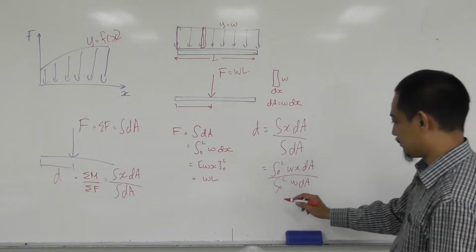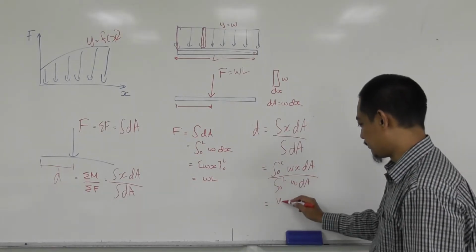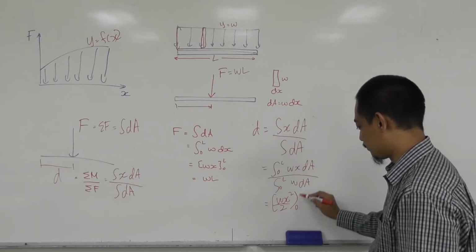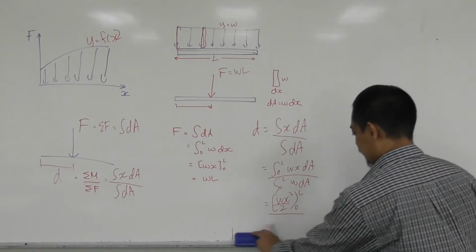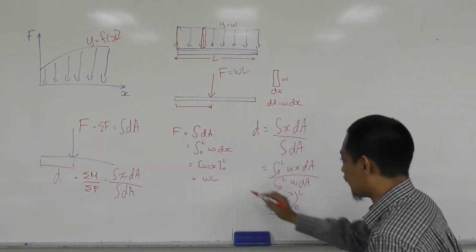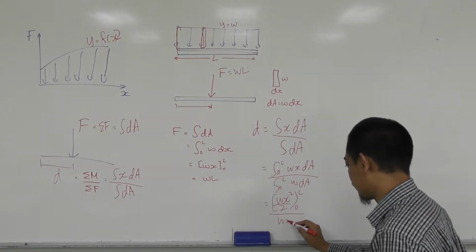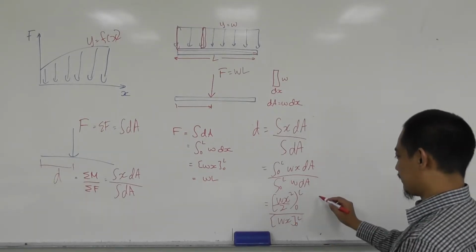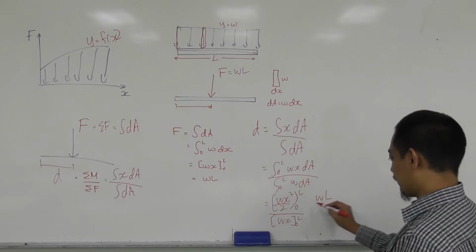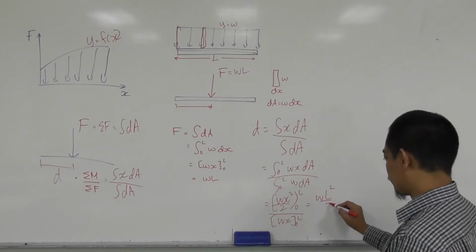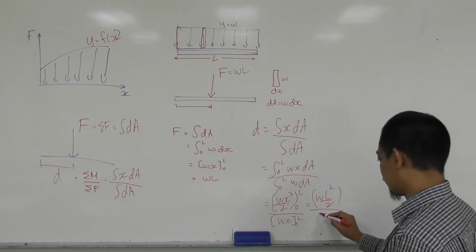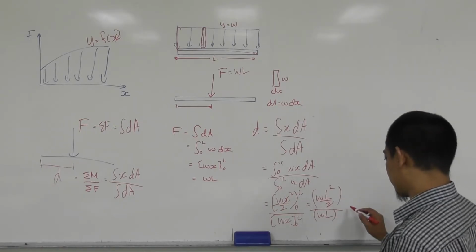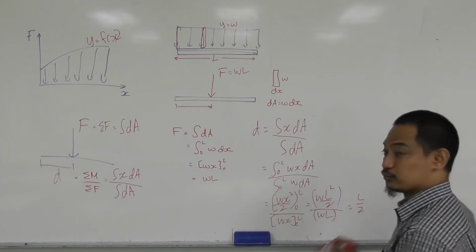If you proceed, you'll get Wx squared over 2 from 0 to L, over Wx from 0 to L. So what you have here is WL squared over 2 and then over WL. You cancel that, you get L over 2.